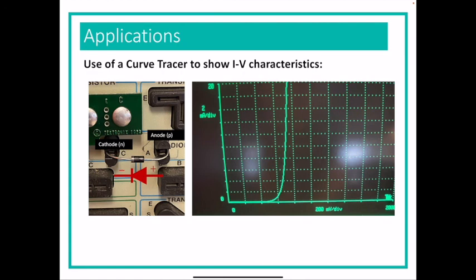Then when we press the button, we automatically see how the current and the voltage relate. For a silicon diode, the forward bias voltage is about 0.7 volts. It can increase a little past that. And you notice this graph goes all the way up to 20 milliamps. So this is a very typical trace for a regular silicon diode.